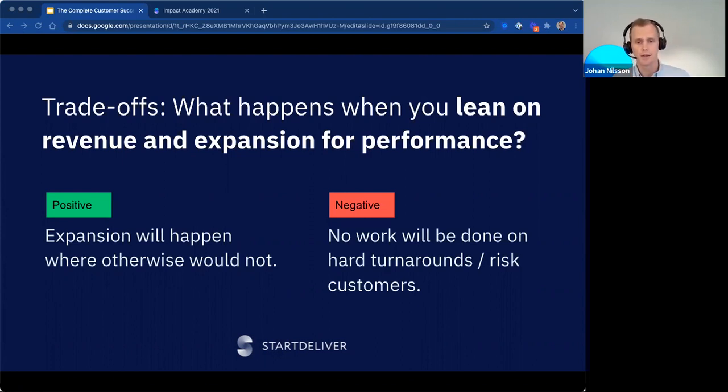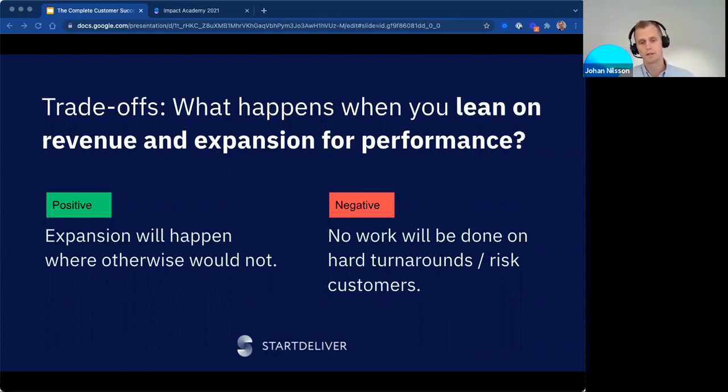But on the negative side, if you only measure on revenue or expansion for your customer success team, you will not get the team to do the hard work that's usually required to turn around a risk customer. Because why do that if you can get a bonus, or you're only evaluated based on expansion?